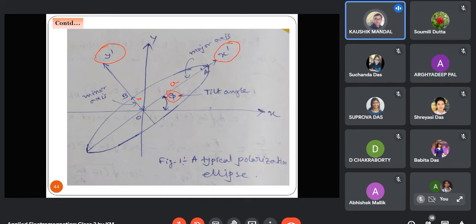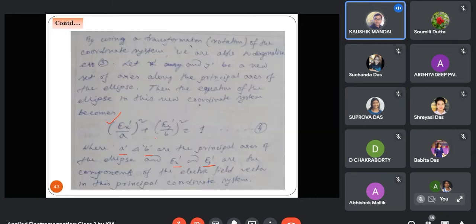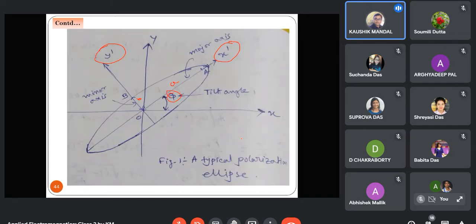Now if you apply the coordinate transformation, then you can rewrite equation number 3 as equation number 4. Once you rewrite the expression with respect to the newly defined coordinate system, there is some relation between the previous coordinate system and the newly defined coordinate system.